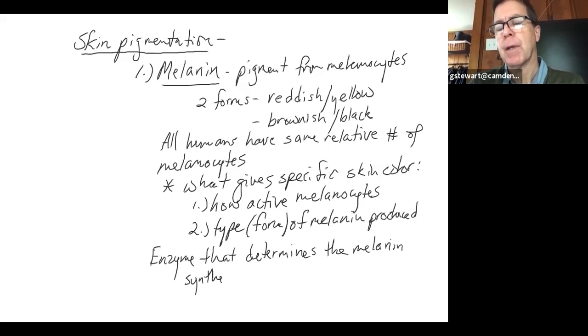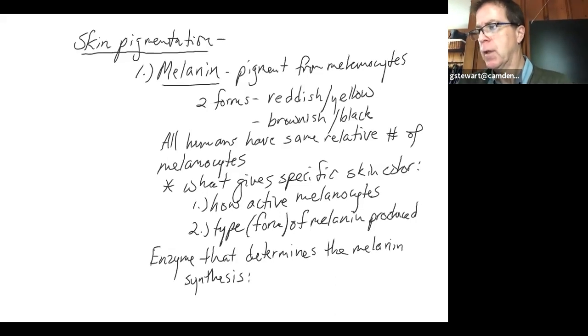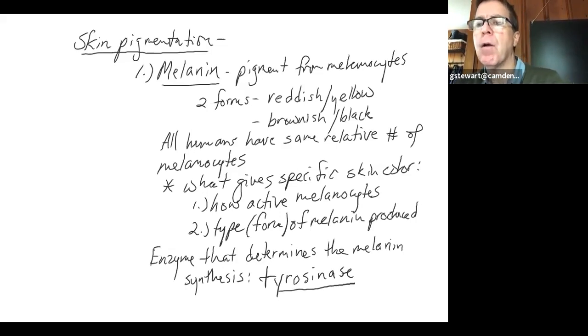It has a name, I'm going to give it to you. It's called tyrosinase. It's just an enzyme that sort of dictates the process of making melanin.